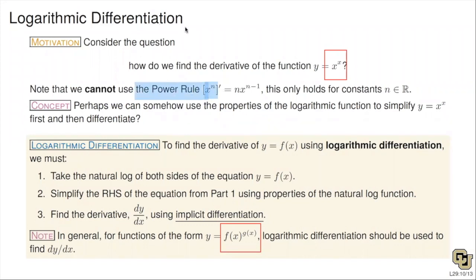But for a function raised to a function, variable raised to a variable, we're always going to use logarithmic differentiation. Okay, I'll mention this again next time, but that's one of the big takeaways here: really pay attention to the form of what you're differentiating. Is it variable raised to a variable, or variable raised to a number, or a number raised to a variable? I'll talk about all that next time. So I'm going to stop right here, folks.